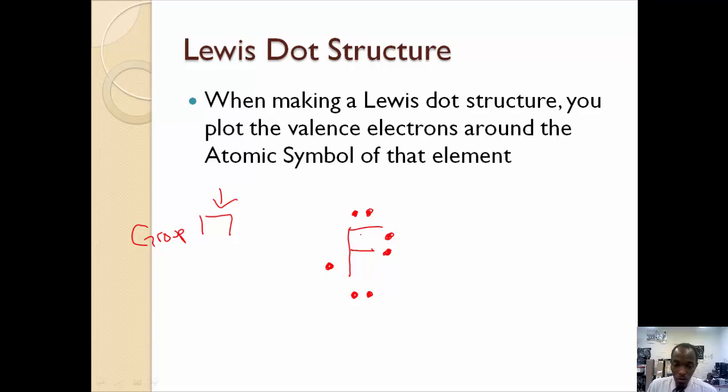So you plot your valence electrons around the chemical symbol. The chemical symbol of fluorine is F, and we then plot our 7 valence electrons. Again, if you don't know how we got valence electrons, we use the second digit of the group number.